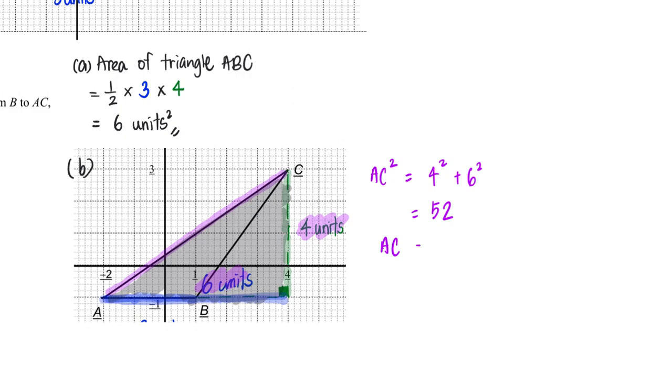So my AC is simply the square root of 52, and that will give me a value of 7.21111. So 5 significant figures, followed by 3 significant figures, 7.21. Yep.